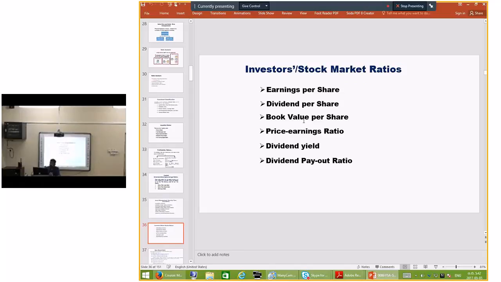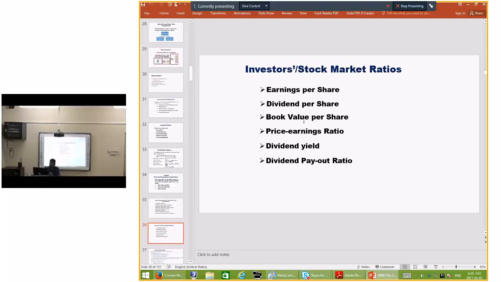Again, it is also very important. As I told earlier, investors are mainly concerned about the earning capacity as well as the dividend per share, and also price increment in the market price, to determine the capital gain as well as dividend gain, dividend yield.